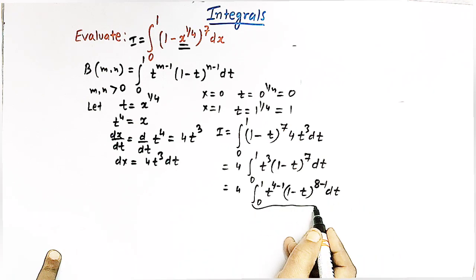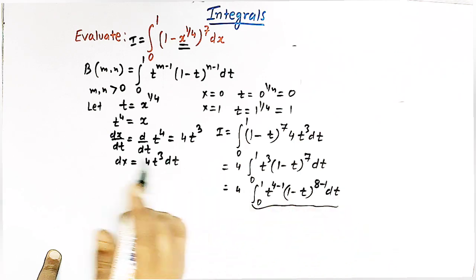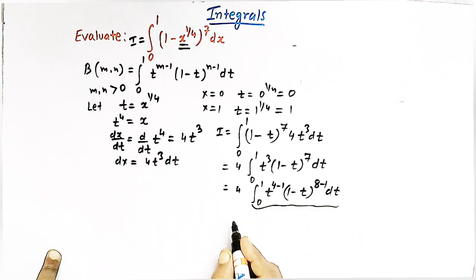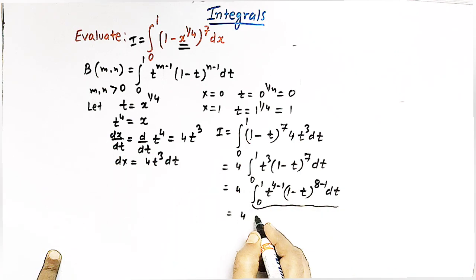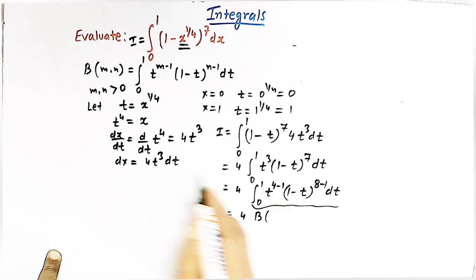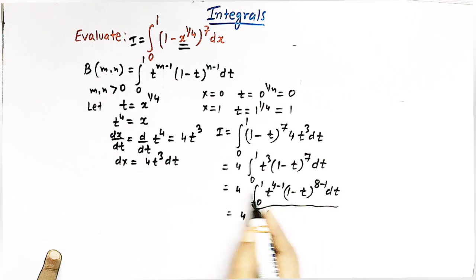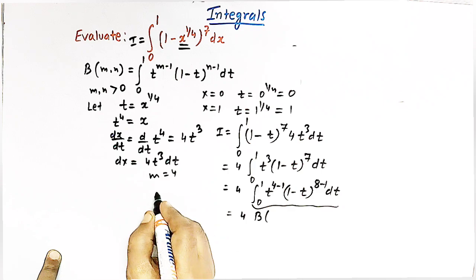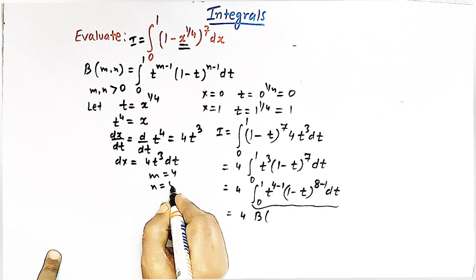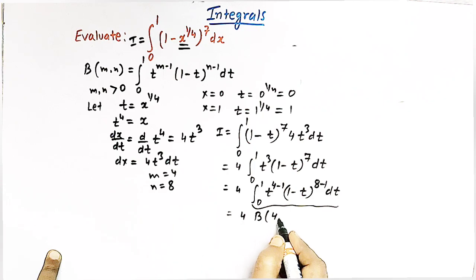So now this integral is given by the beta function. So we have 4 times the beta function B(m, n), and m is equal to 4 and n is equal to 8. So we have B(4, 8).